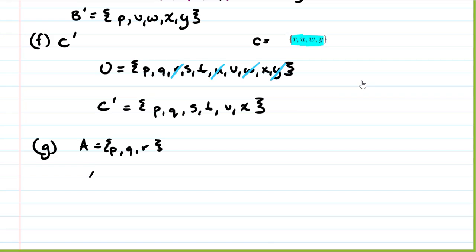So A union C prime is going to be PQR, because that's the stuff in A. We've already got P, we've already got Q. This one doesn't have an R, but then we have the rest of this because it's an OR, so S, T, V, and X.